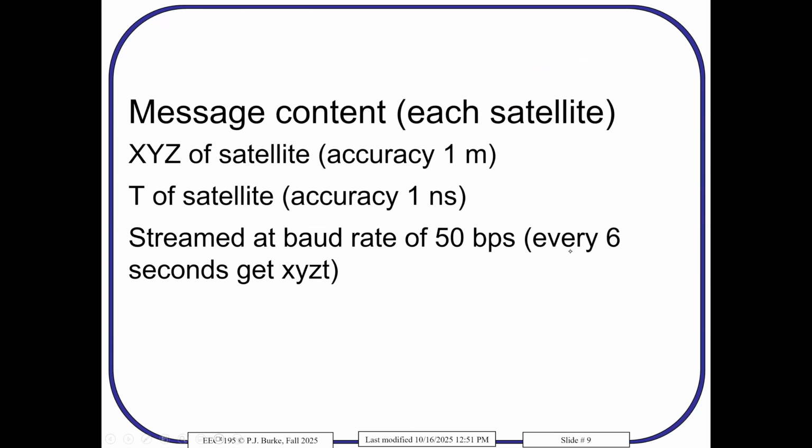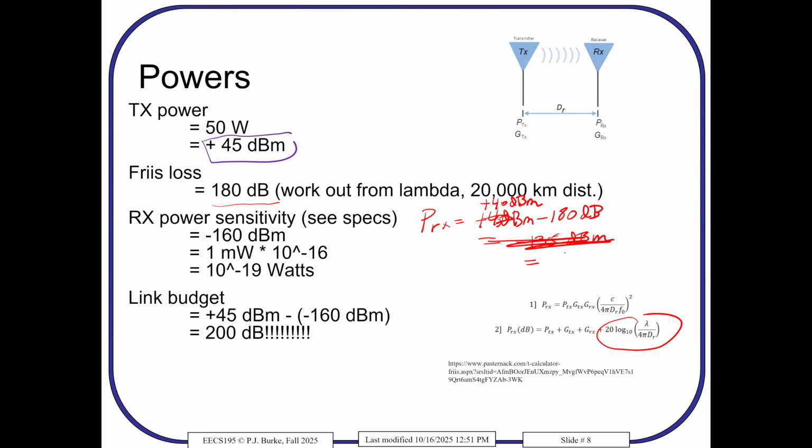So this will be minus 140 dBm, which is 10 to the minus 14 milliwatts. That's how it works. You take the 140 divided by 10, it's 10 to the minus that, which is 10 to the minus 17 watts. So 50 watts is transmitted from the satellite, 10 to the minus 17 watts is received by the antenna. So it's a very weak signal.